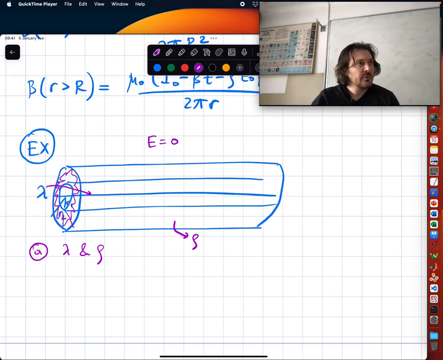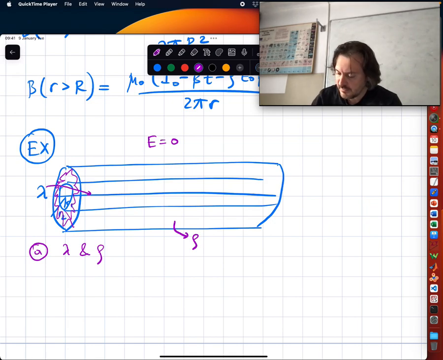So we need to find the relationship between lambda and rho, given that the electric field outside is 0. What do we use? Gauss's law. The enclosed charge must be 0, right?